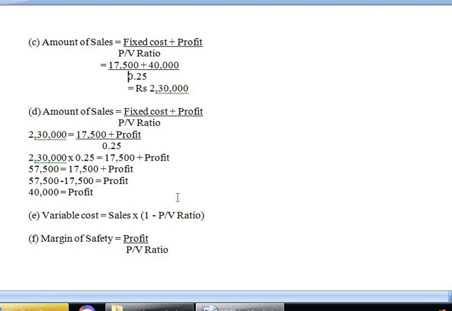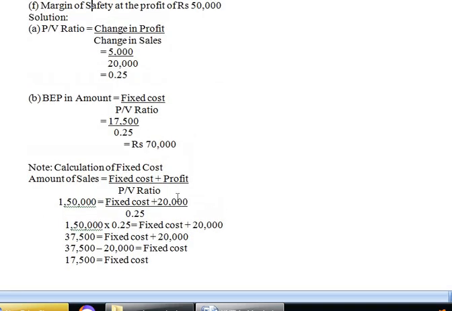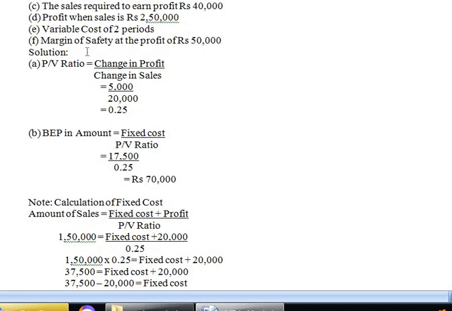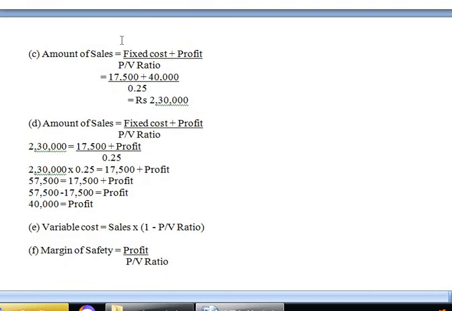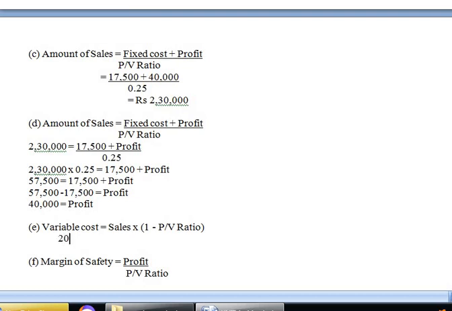Now again go through the problem. Next is variable cost of 2 periods. So we need to find out variable cost. Now go through the formulas whatever I have given. Check what is the formula to calculate variable cost. Now this has to be calculated for both the years they have told. So 2018 we will calculate first.